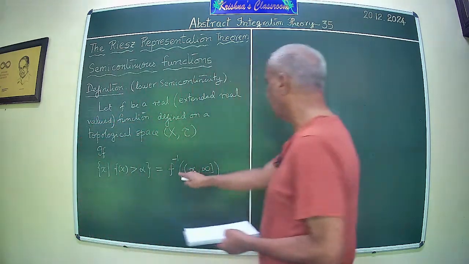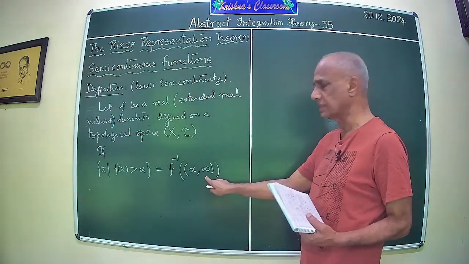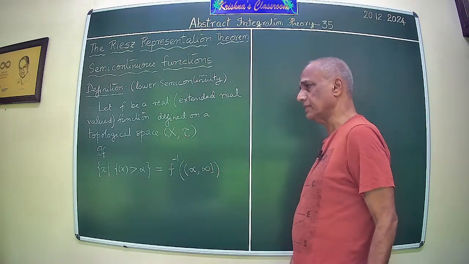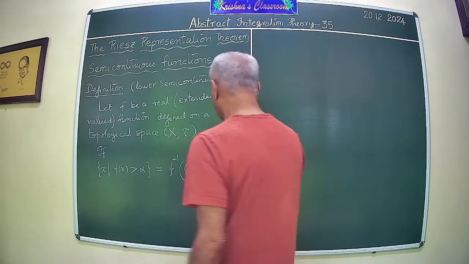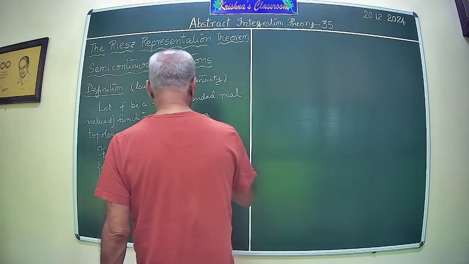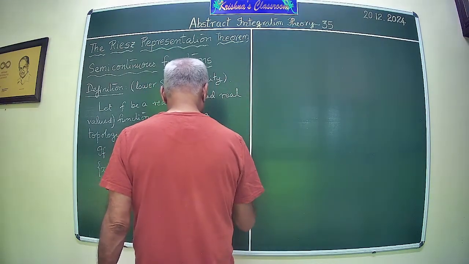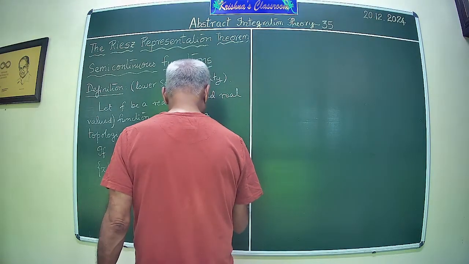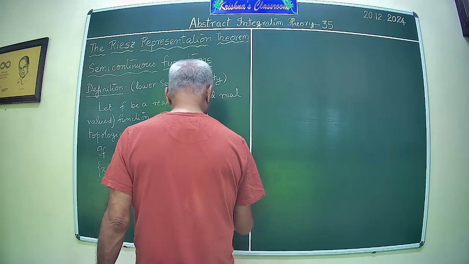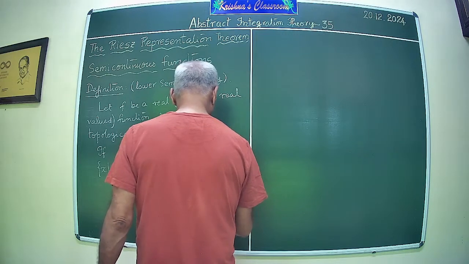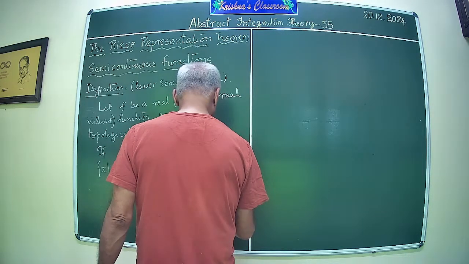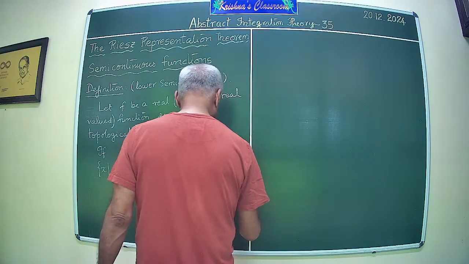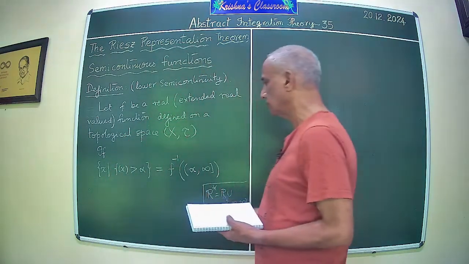Now, if we are using extended real values, then we take plus infinity and minus infinity also in R. So, you will have R star equal to R together with minus infinity and plus infinity. This is the extended real valued function.